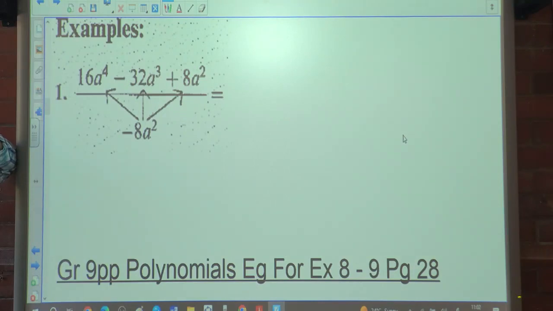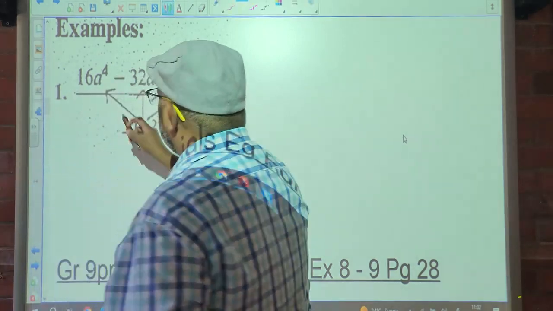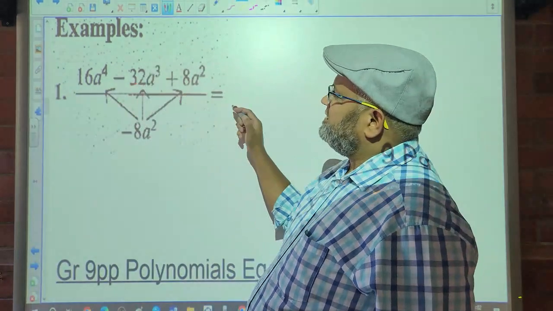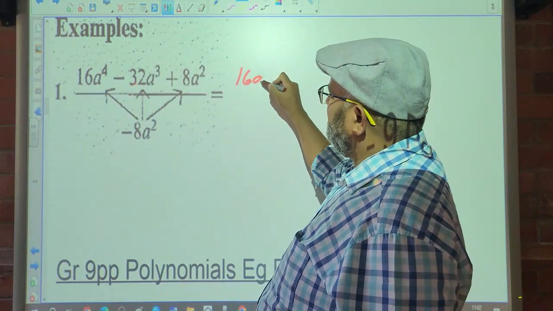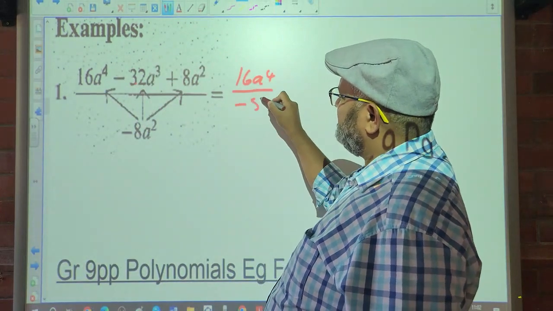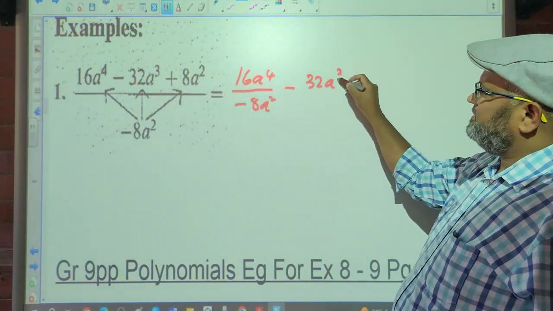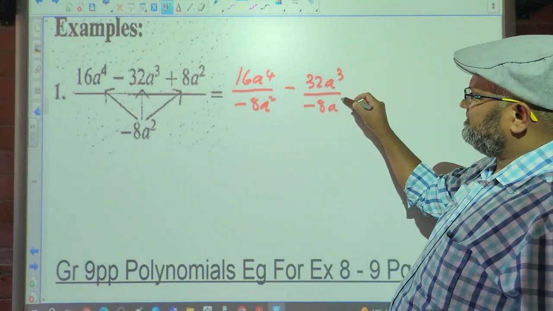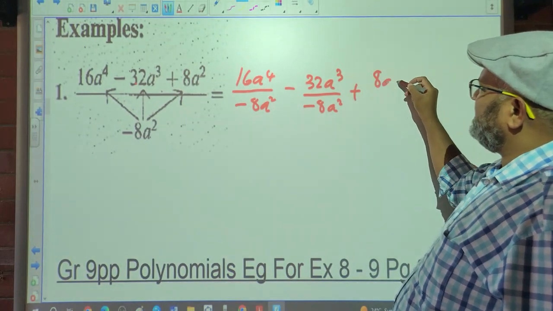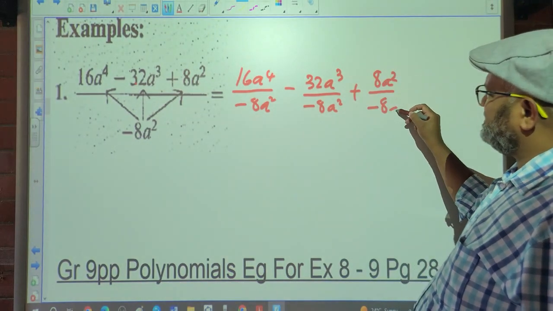So I have to apply the second method. I'm going to put each term over its own denominator of negative 8a squared. You get negative 32a cubed over negative 8a squared plus 8a squared over negative 8a squared.